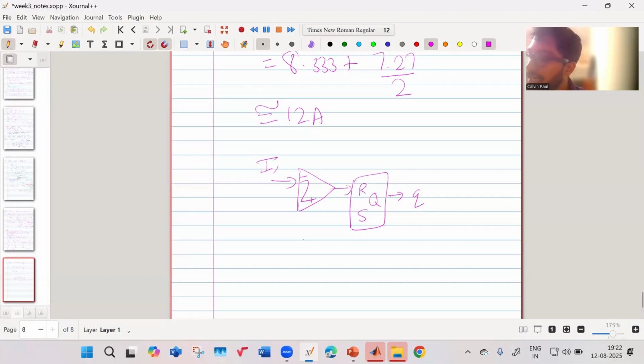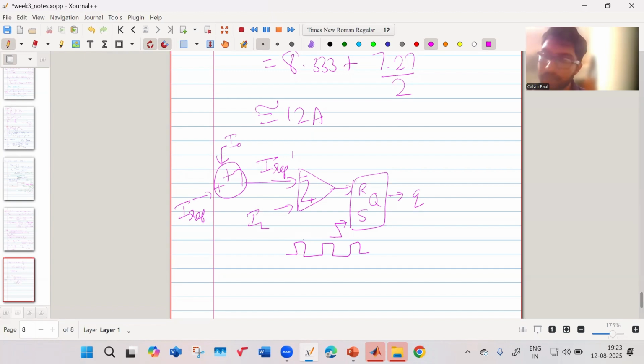This is your IREF dash, this is your IL, and these are your set pulses. So this IREF dash will be equal to your IREF, which is coming from your controller, plus the load feed forward, I output, into your scaling factor, that is V output by Vin. These together will be your current mode control with load current feed forward. So there will be this additional part.